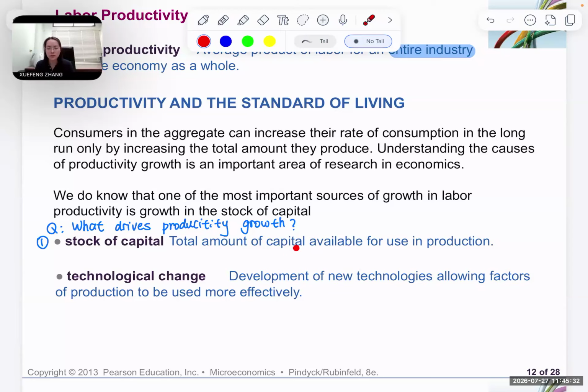Of course, we're going to have higher output per worker. And next one, technological change. Okay, new inventions, better methods that let the same input produce more output. Okay, so development of new technologies allowing factors of production to be used more efficiently. Okay, because of the technology.